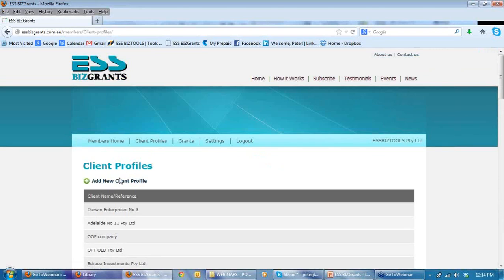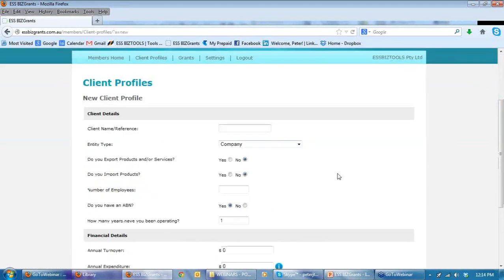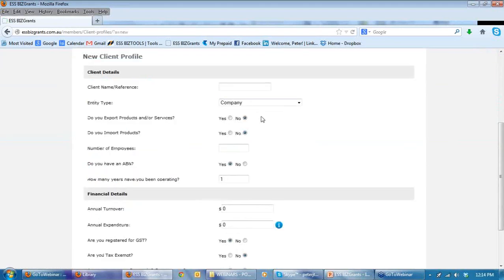So when you go to the client profile, you ask for a new client profile. We are using cloud technology, so you can elect whether you're going to place the client's name or a reference number into the system. We do recommend that you leave the data within the system so that it's easier to update it in a year's time.